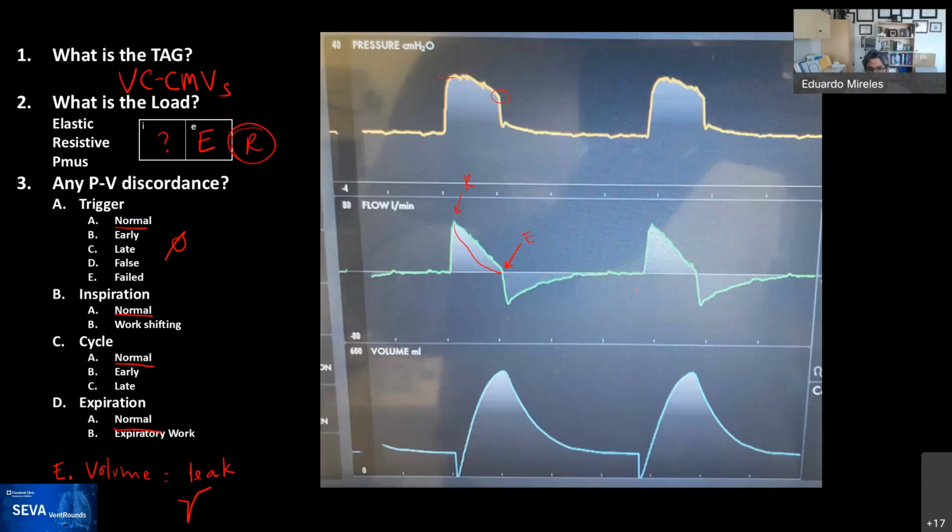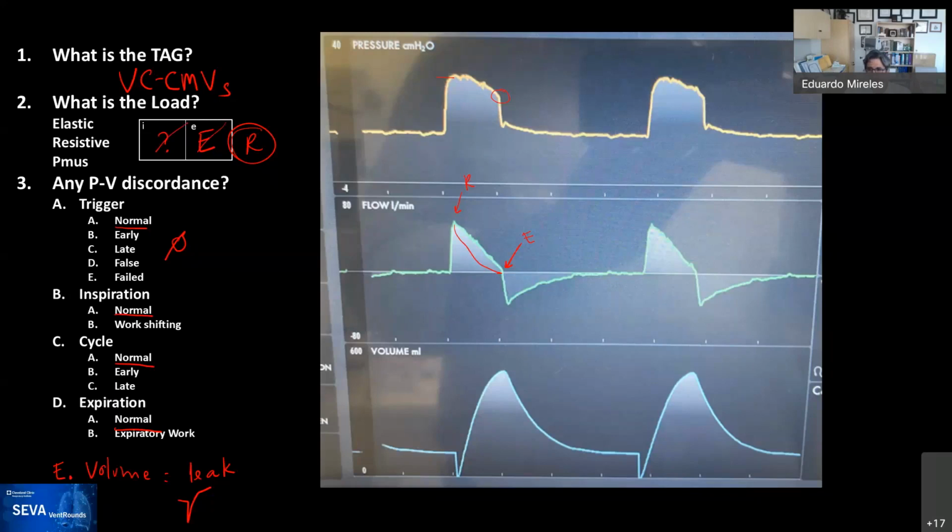And the second one is that if the patient has a large leak, you may not actually be able to see the flow because the air has escaped through another hole that is not going through the sensor that you're looking for. And so I would put those as potential, but that read is actually most likely resistive as you highlighted there.